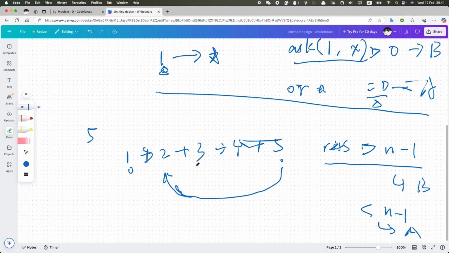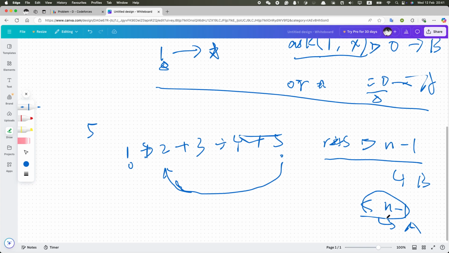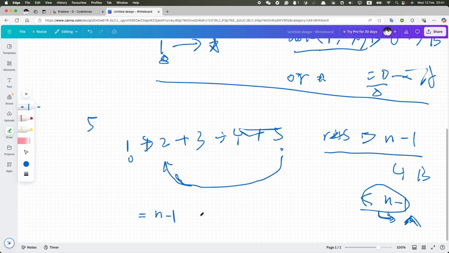That is because 5 minus 1 already has 4. So it cannot be less than n minus 1. So if the answer is less than n minus 1, the answer must be object A. If the answer equals n minus 1, we can see how we deal with this case.